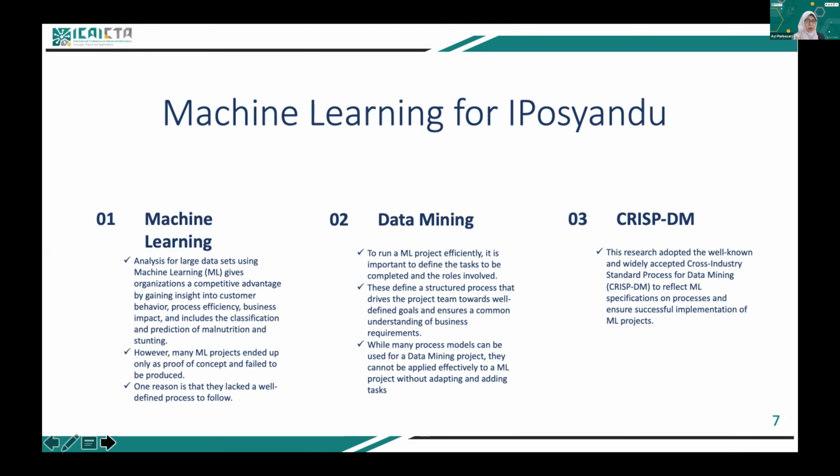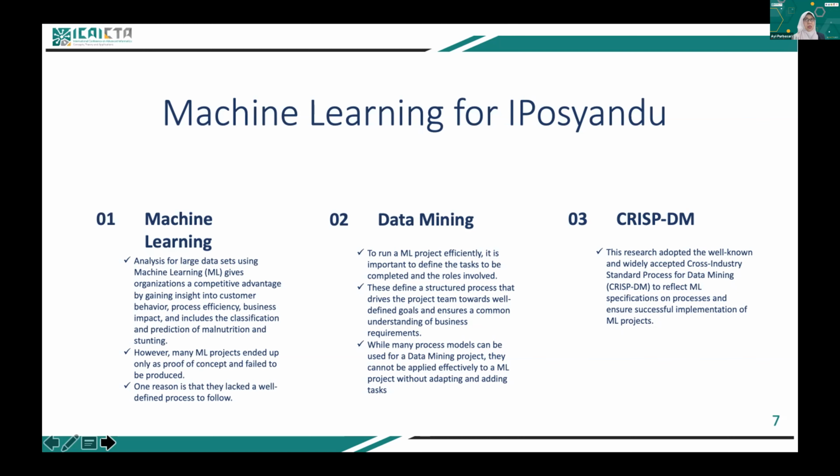So we have to care about the data. In this research, I use CRISP-DM to help our machine learning project. The focus of this paper is about how the data that we have in the iPosyandu project is suitable or good enough for the machine learning project in the next step.